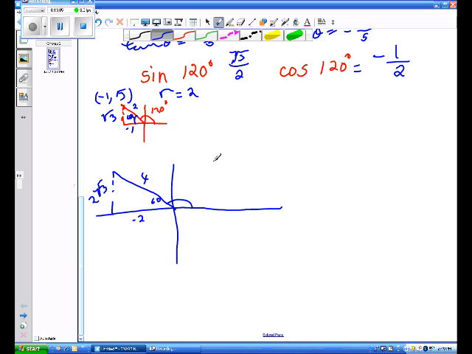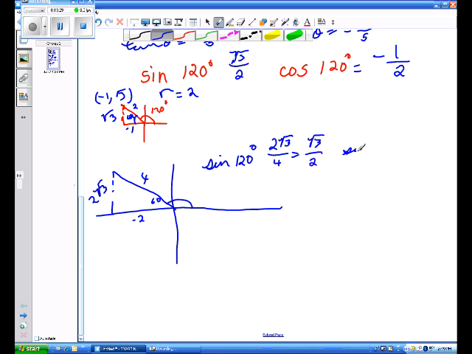Now, when I went through to do my values, the sine of 120 degrees, because that was the angle that rotated around, was equal to y over r, 2 square roots of 3 over 4, and that will reduce to the square root of 3 over 2.